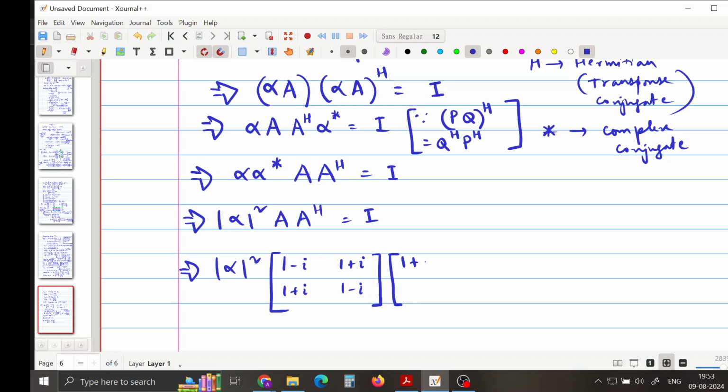So what you'll get is this, and this is identity, which means 1 0 0 1.